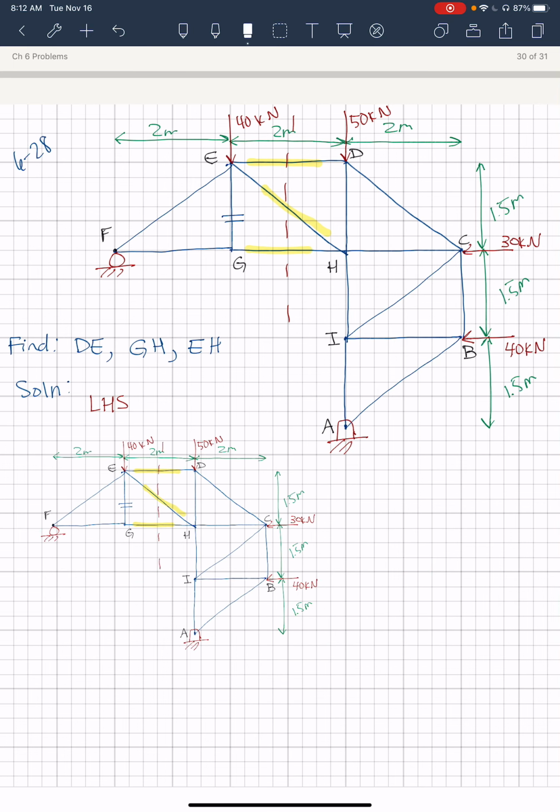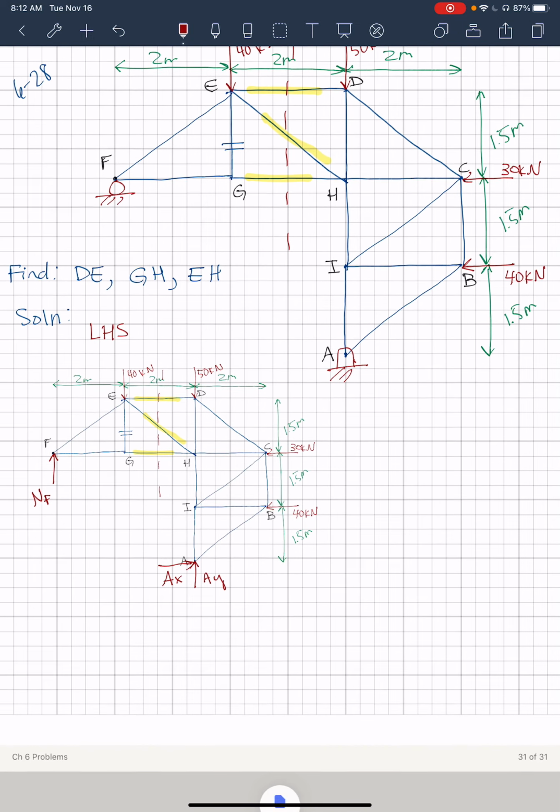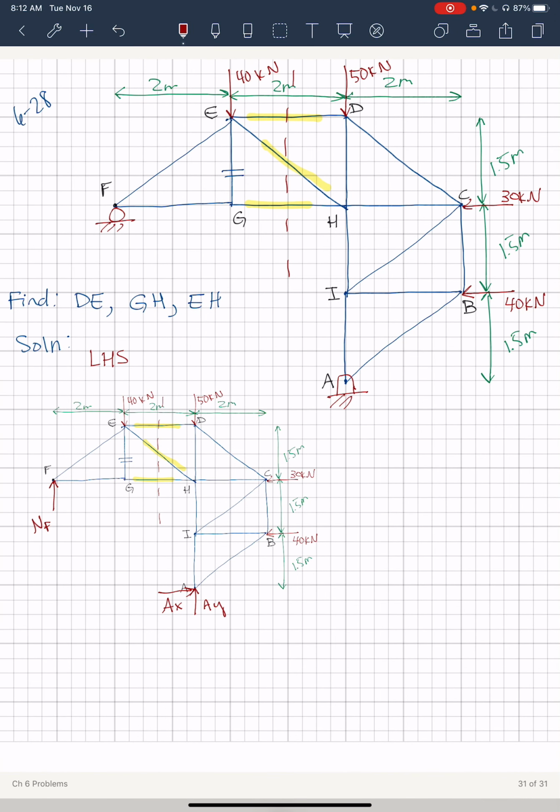Basically, I'm just going to remove the 2 reactions and replace those with forces. So we have the normal force at F, and then at A, we have AY and AX. Since we're going to take the left-hand side, we just need that normal force at F.